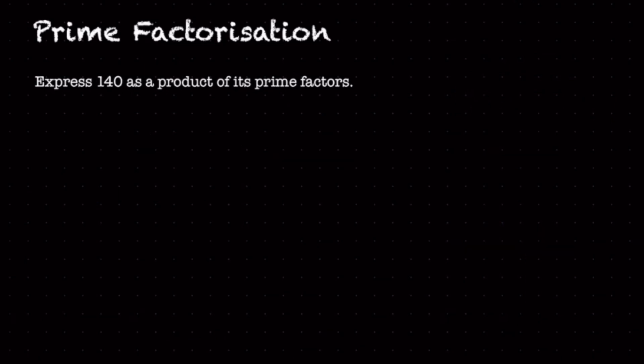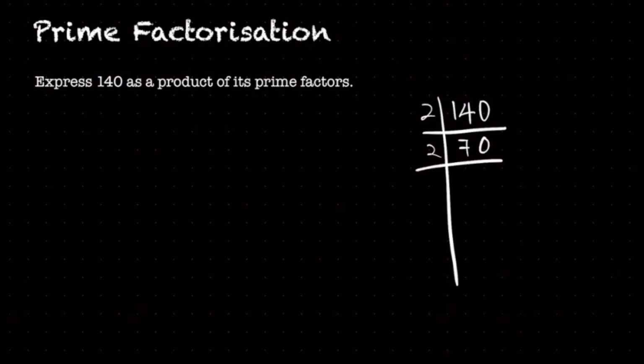So we have a question here, very exciting. Okay, let's try this. 140. And we can start with 2 because it's an even number. So it's 2, 70, 2, 35, and we need to divide by 5 because there's a 5, so that's easiest. 35 divided by 5 is 7, and we have 7, 1.